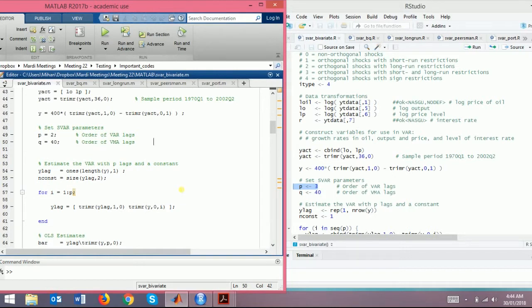Now first we need to estimate the VAR with p lags and a constant. So how do we do that?